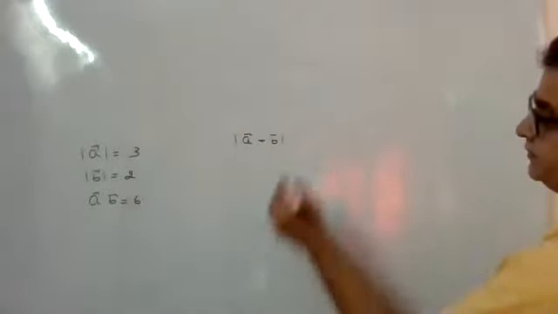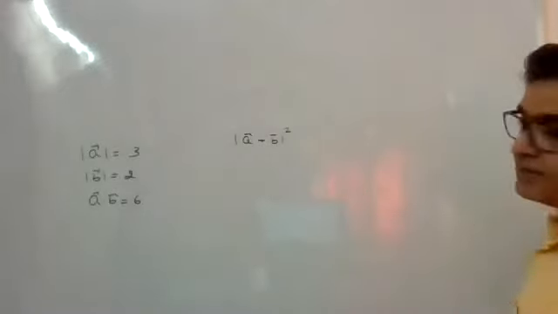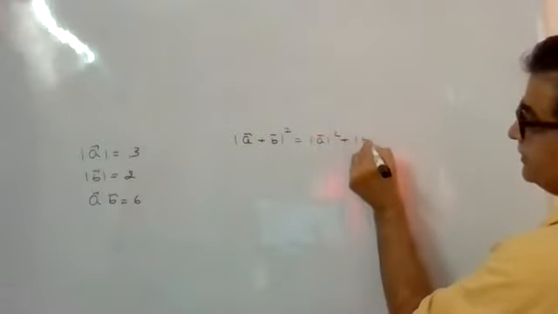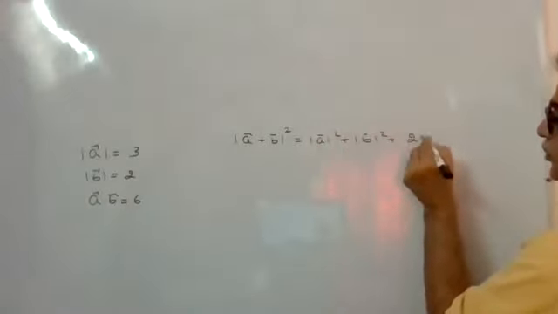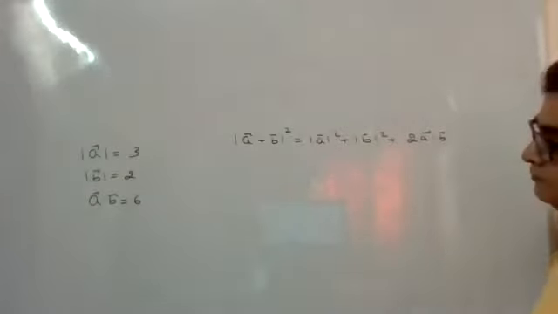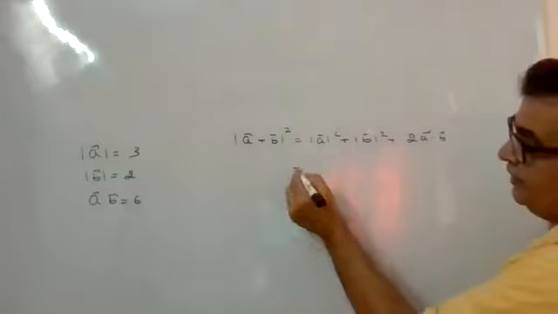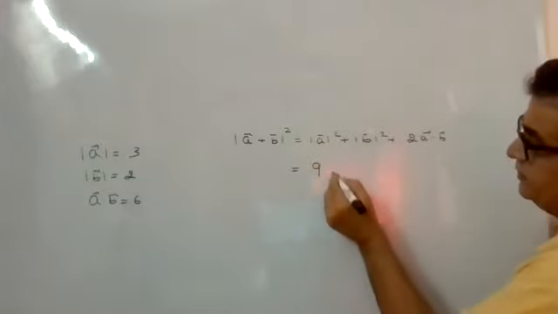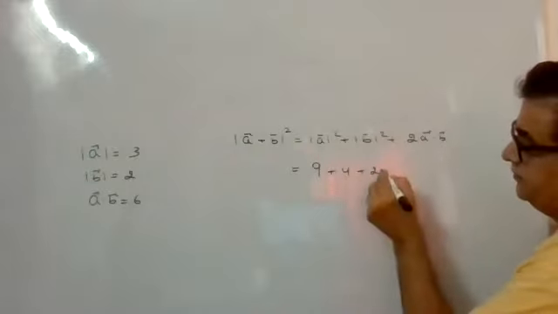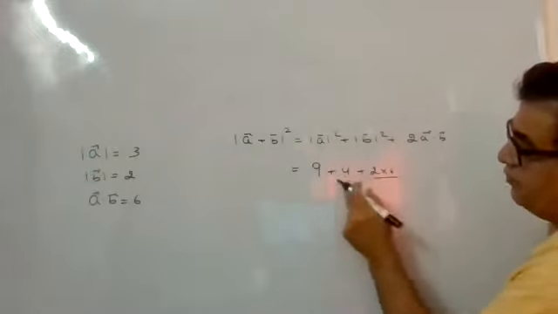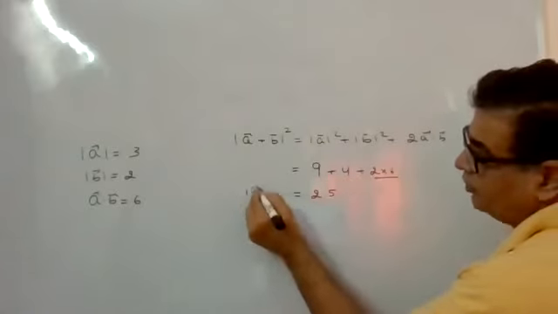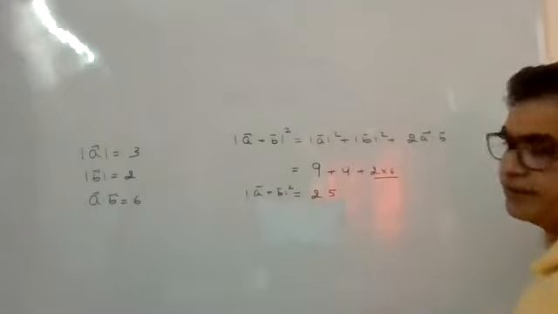How to start? We will take the square first. The formula is with us: magnitude A square plus magnitude B square plus twice of A dot B. This we have to calculate. A square is 9, B square is 4, 2 into 6 is 12, 12 plus 13, that is 25, which is the modulus of A plus B whole square.